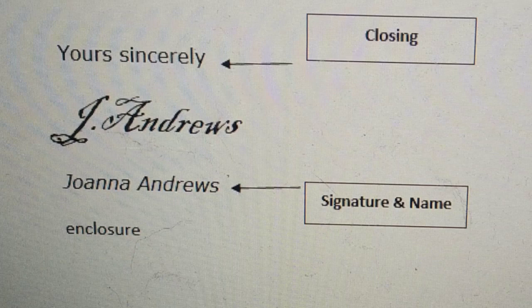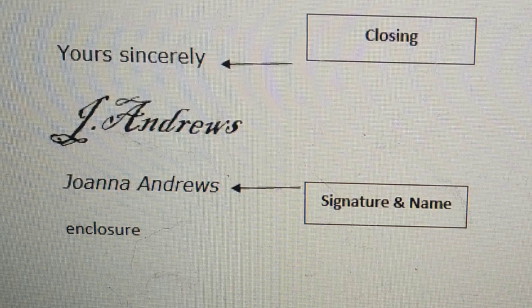You can write yours sincerely, or sincerely yours, or just sincerely, or you can also have yours faithfully. After that, you put your signature and your name.